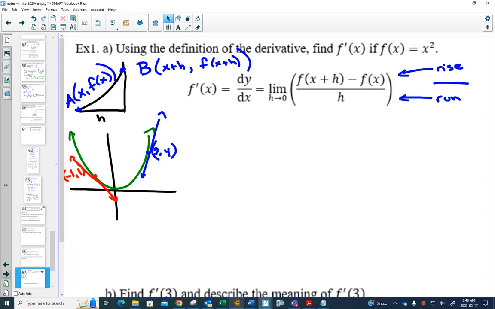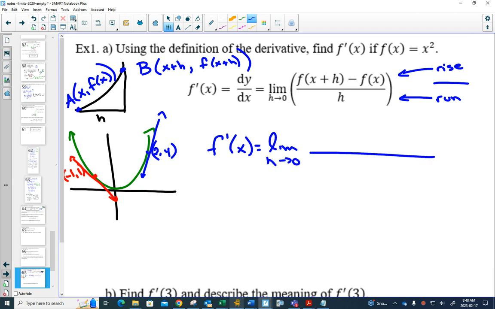Today's plan is to use the definition of the derivative to get a formula that finds all of them. And I'll show you what it looks like. So we're going to find the derivative. It's going to equal the limit as h goes to 0. F of x plus h means that in your function, you replace, remember how functions work.